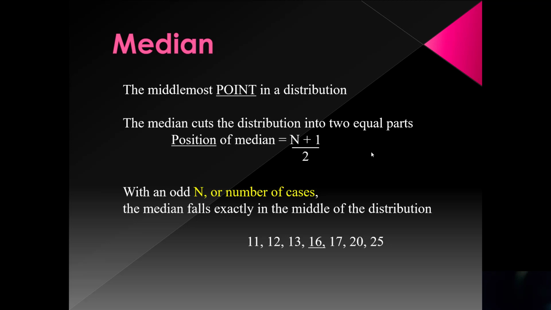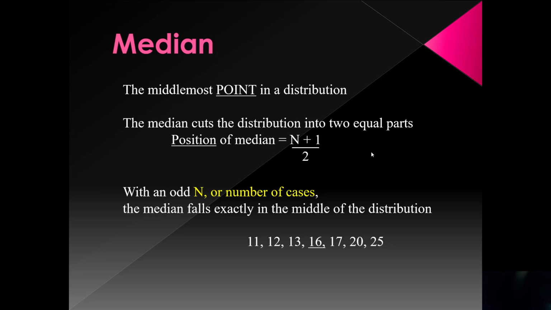The median, again, is the middle point or the middlemost point in a distribution. The median cuts the distribution, or the line of numbers, into 2 equal parts. Half of the numbers are below the median, half are above.